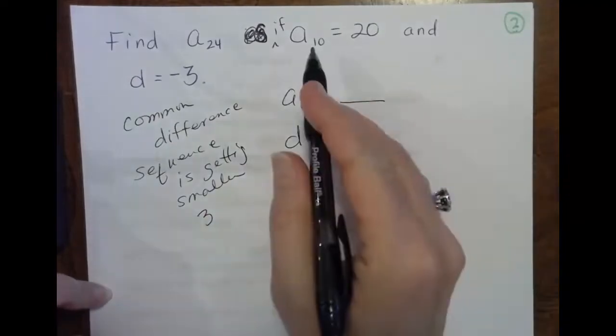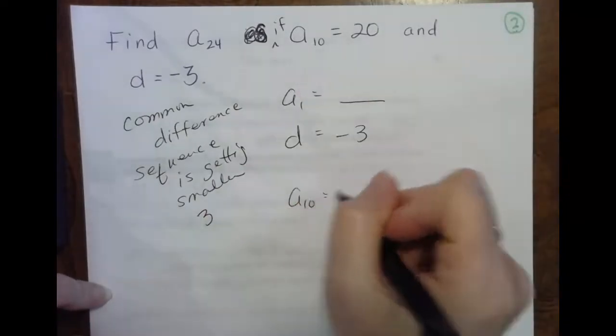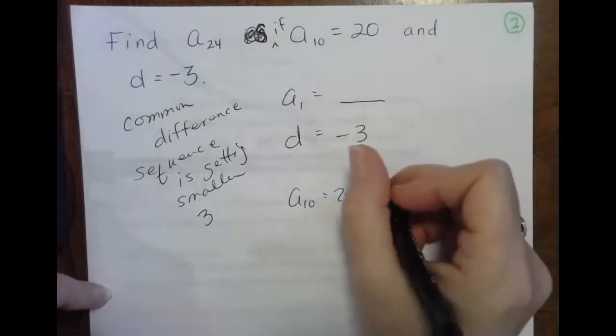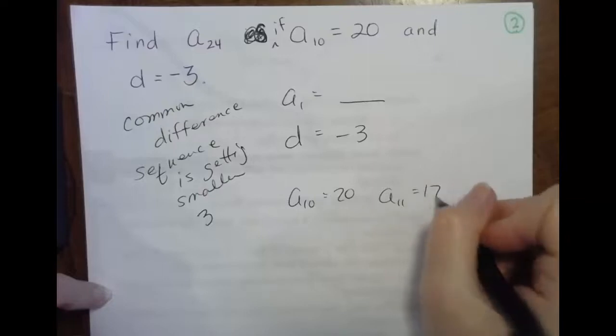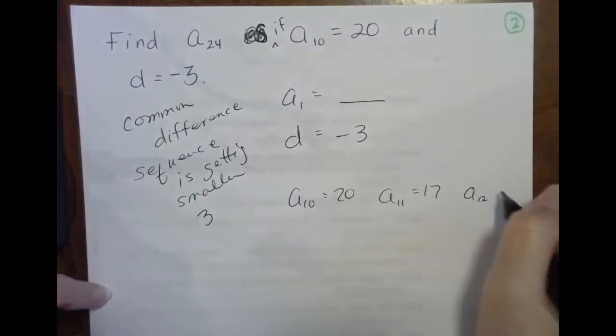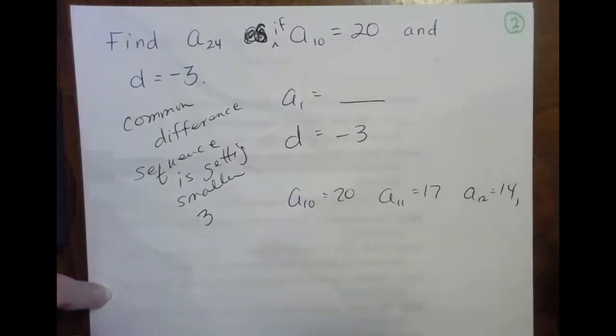So if we think about a sub 10 is equal to 20, if the common difference is negative 3, then a sub 11 is going to be 17. A sub 12 is going to be 14. So let's find a sub 1 by using a little multiplication.